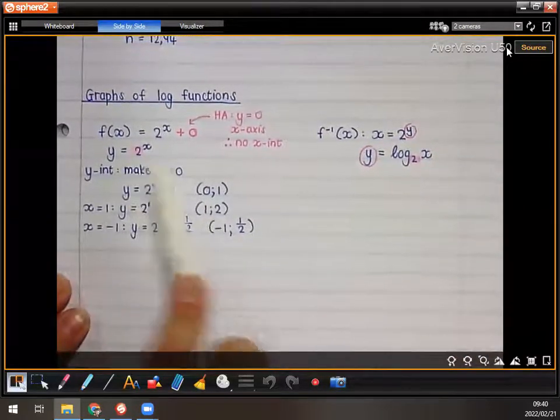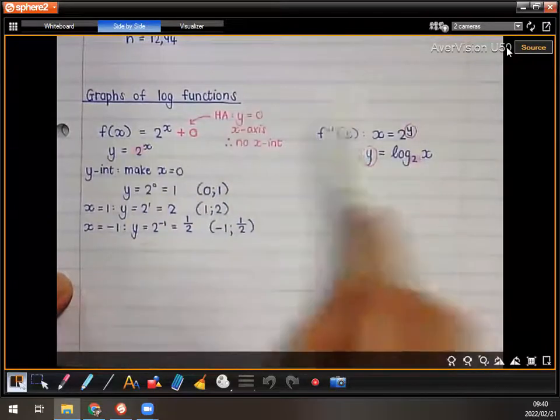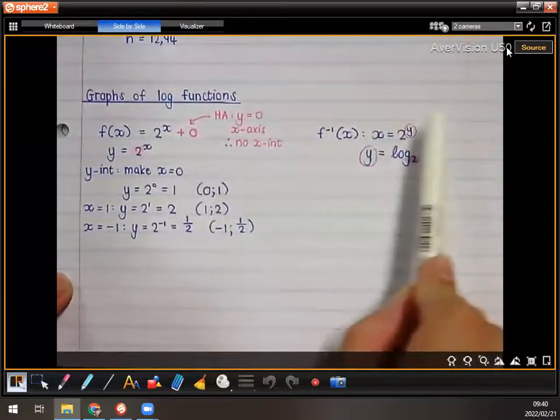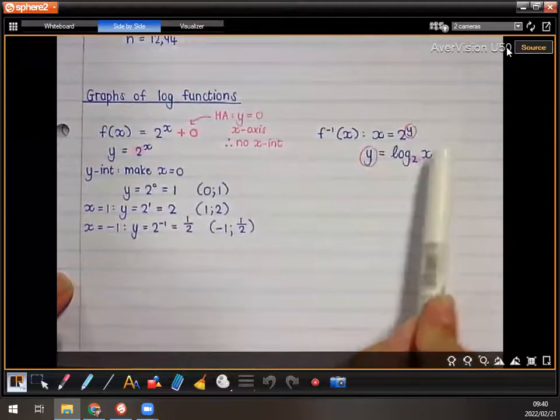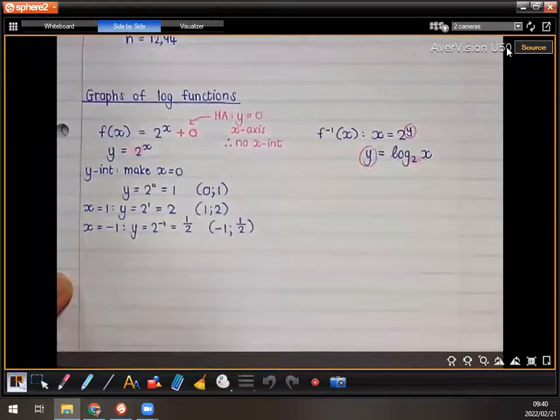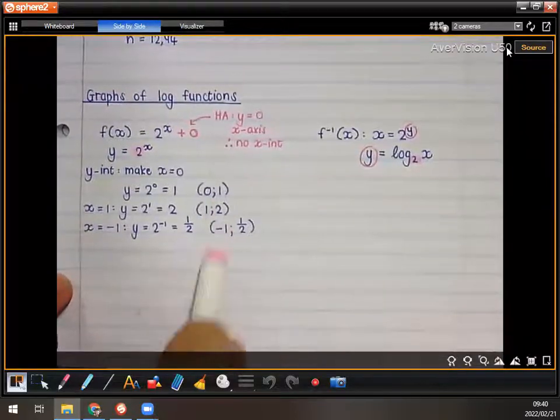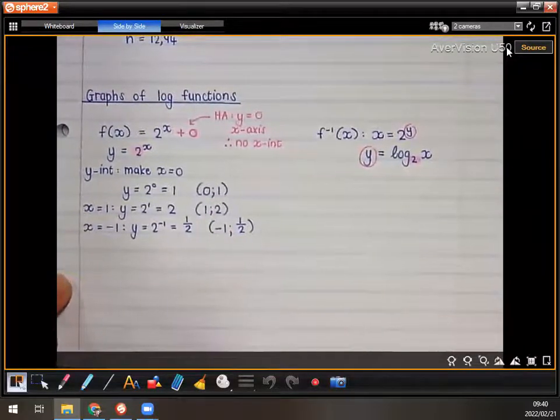All right, but if you don't remember that, you can just go through the process to find the inverse. You swap x and y, and then now because y is the exponent, in order to make the exponent the subject, we need to write it in log. Okay, if I want to draw the inverse, I'm going to do calculations to get points on the inverse if I have these 3 points on the original.